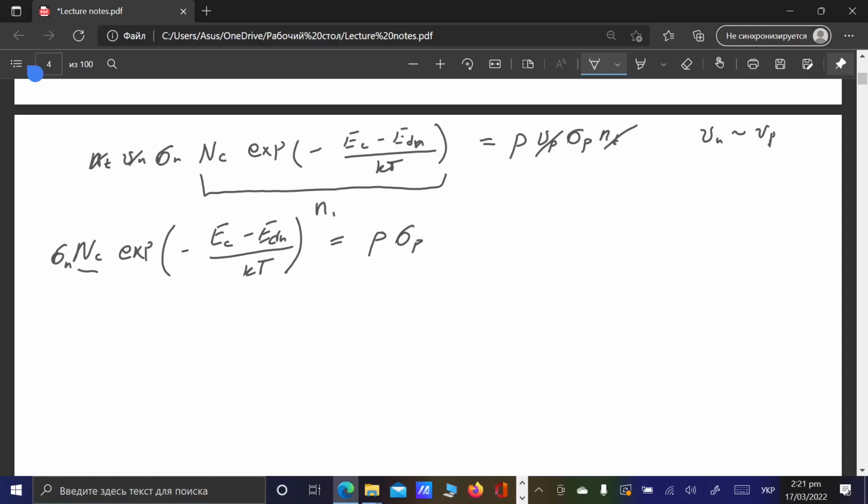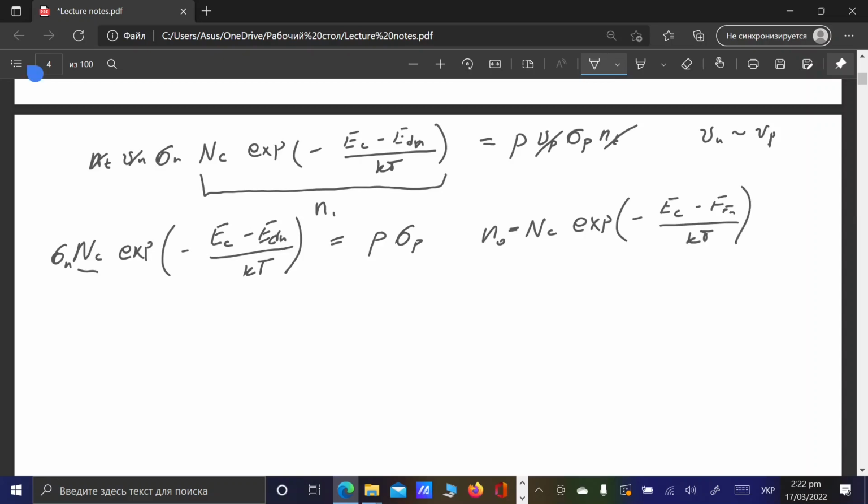What is the effective density of states for the conduction band? What is the definition of this Nc? So we can write that the concentration of charge carriers in the conduction band is equal to Nc times exponent minus Ec minus Efn divided by Kt.